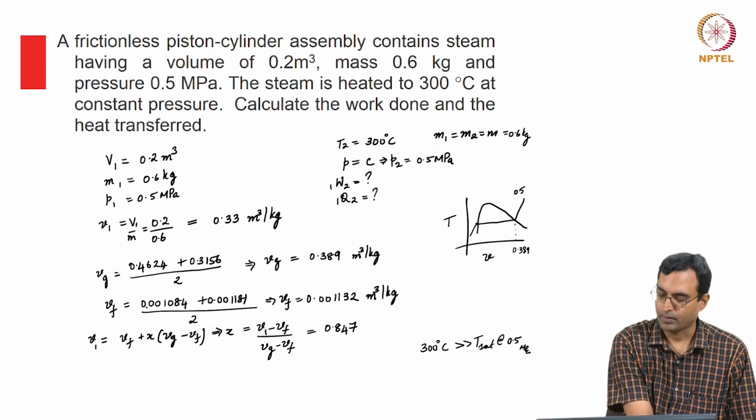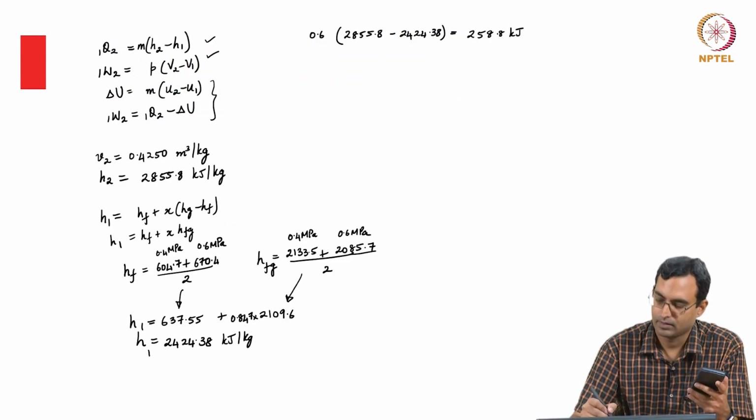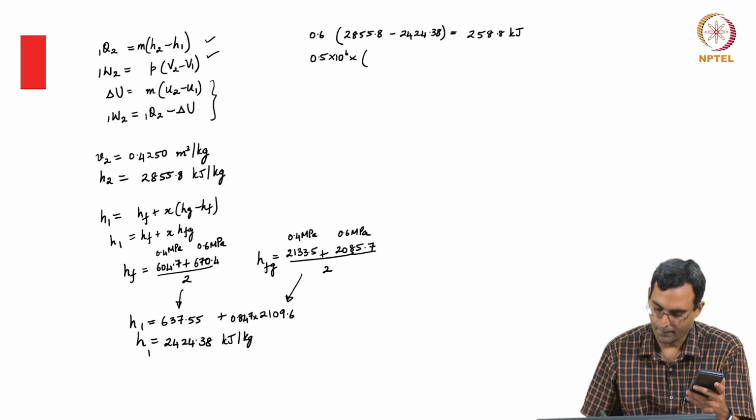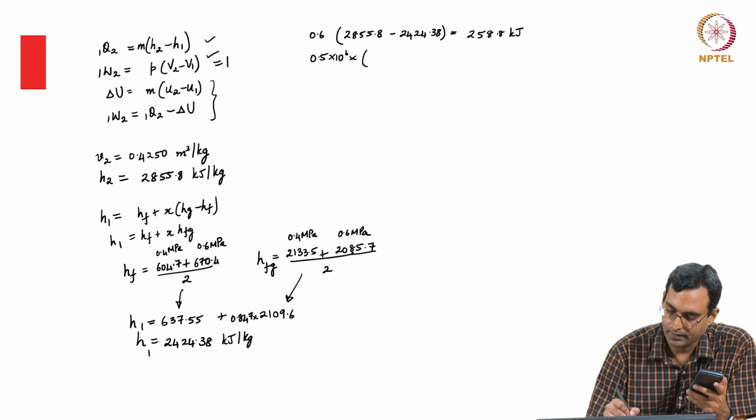The work is for a constant pressure process. The pressure is 0.5 megapascal. So, that is 0.5 into 10 to the power 6 pascals into V2 minus V1. So, this is P into m into small v2 minus v1.